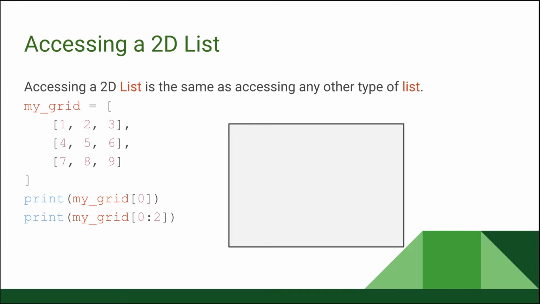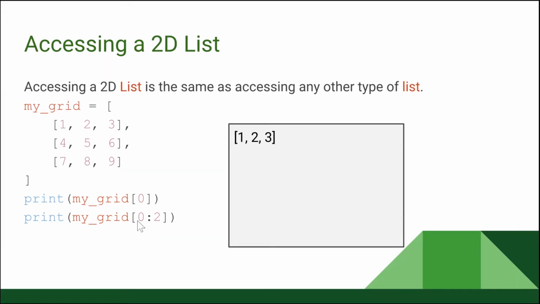Accessing a 2D list is going to be just about the same as accessing any other kind of list that we've created so far. So if I want to print my grid at index 0, my grid is the same list we had. We have the list 1, 2, 3, the list 4, 5, 6, and the list 7, 8, 9, all within my big list. Index 0 within my grid is going to be that list 1, 2, 3. So I print it, I get the list 1, 2, 3.